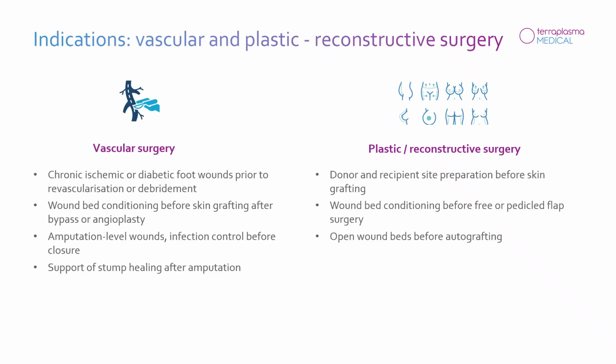Amputation level wounds and infection control before closure. Support of stump healing after amputation. For plastic and reconstructive surgery, it is donor and recipient site preparation before skin grafting, wound bed conditioning before flap surgery, and open wound bed before autografting.